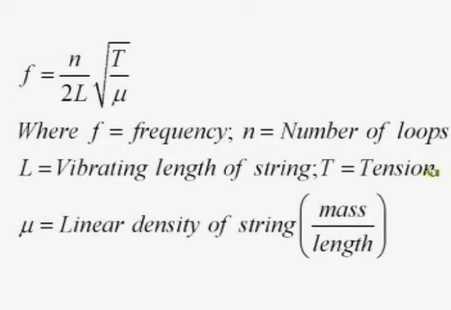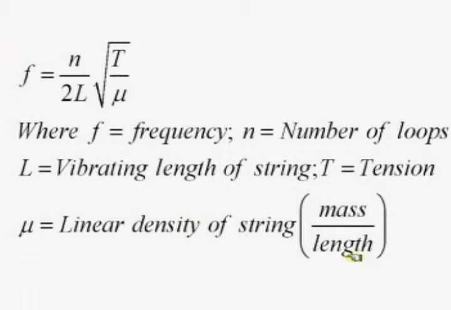And this mu, the so-called linear density or the mass per unit length, usually we do not change for a given string, because the string has a certain length and you divide the mass by that, that simply gives you mass per unit length. That's called a linear density.